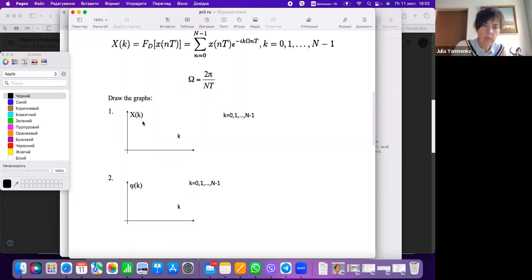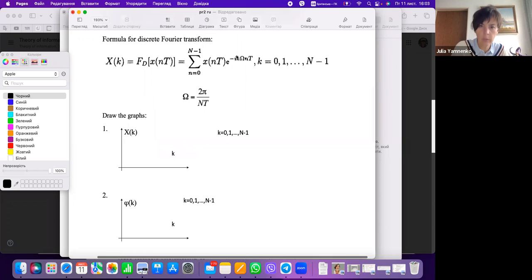But it could be a complex value, because we have a complex unity here, i. So you will not be able to draw this graph, because how would you put a complex value on this coordinate plane?